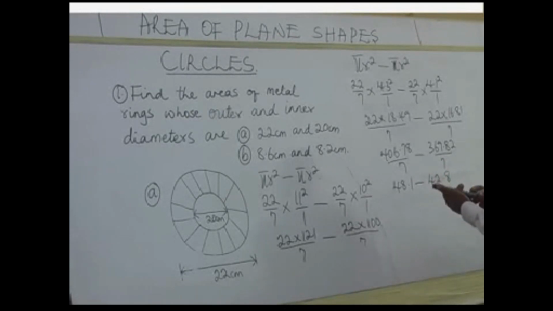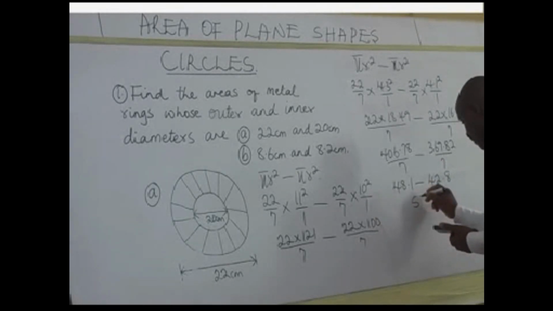If we subtract now, whatever it gives us is the answer to question number B. So we have 58.1 minus 52.8, giving me 5.3 centimeters squared.